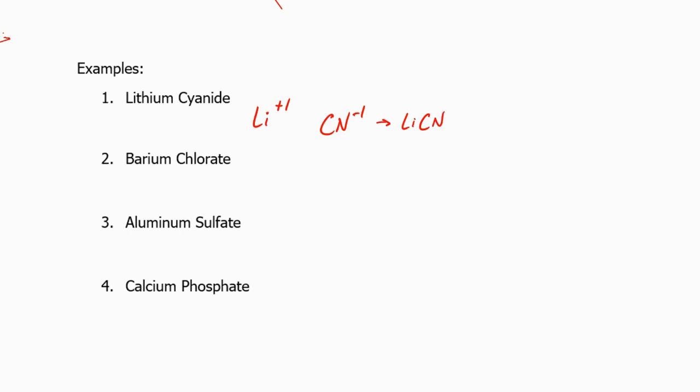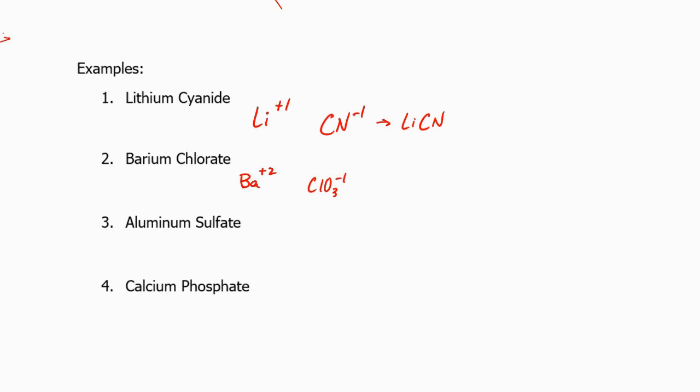All right, let's look at another one. Our next one happens to be barium chlorate. And so we look on our periodic table, and we see barium is Ba, and it belongs in the alkaline earth metals, or that group 2. So we label it as +2. Then chlorate is ClO3, and it's got a -1 charge.